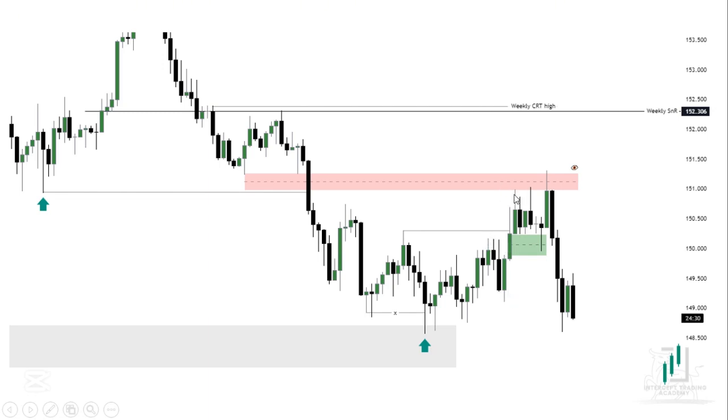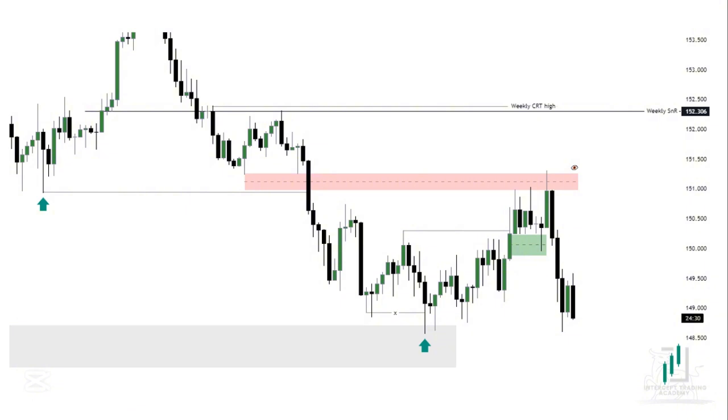Like I said previously, the market moves from internal range liquidity to external range liquidity and vice versa. So after noticing that the market had taken out external range liquidity, I looked at the newly created range, which is this low and this high, and looked for a potential draw on liquidity back into the range, which was for our fair value gap.